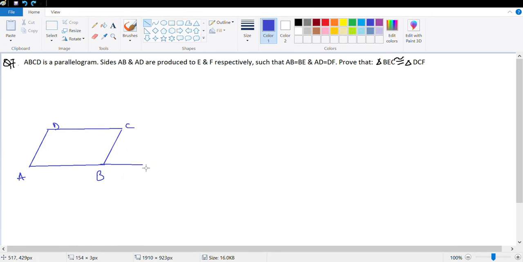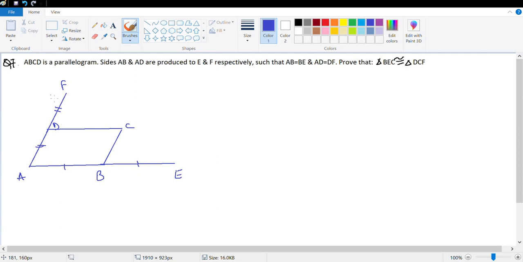AB is produced such that AB is equal to BE. So this side and this side are equal. This is E. And AD is also produced. So AD is produced in a manner that AD is equal to DF. Okay. So this is F. This side and this side are equal.